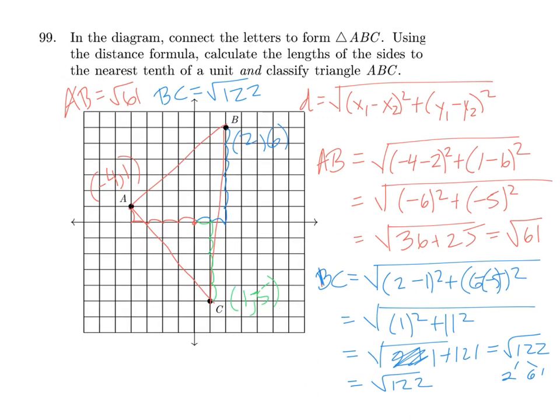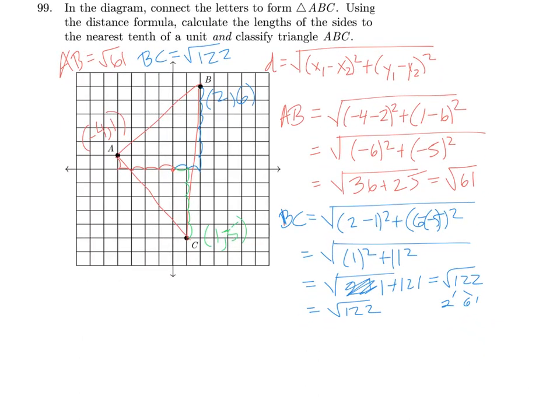All right, and then the last one, I have AC. So I have x1, which is -4, minus x2, which is 1, plus y1, which is 1, minus y2, which is -5, squared.